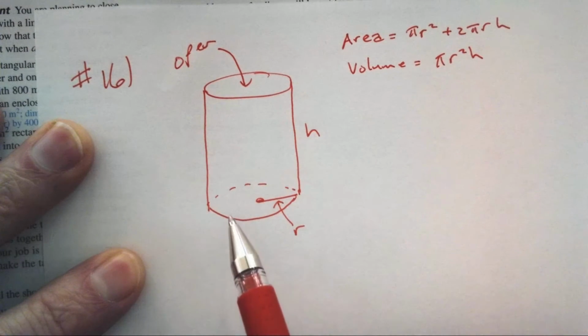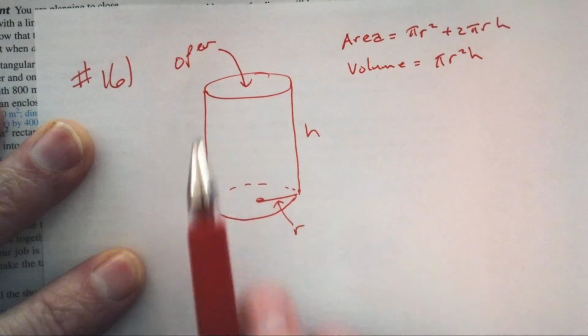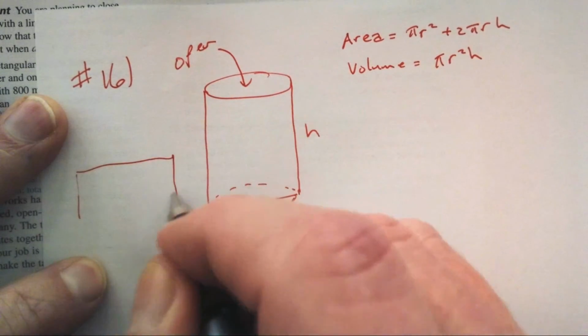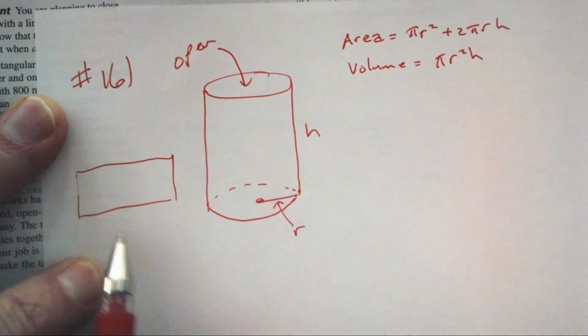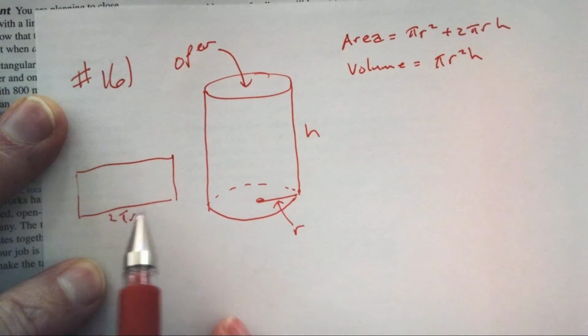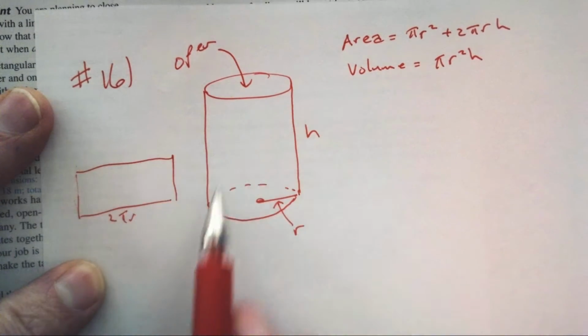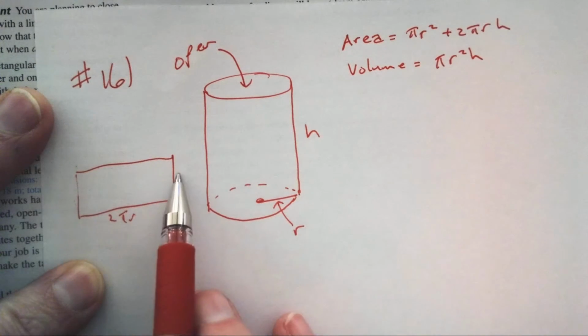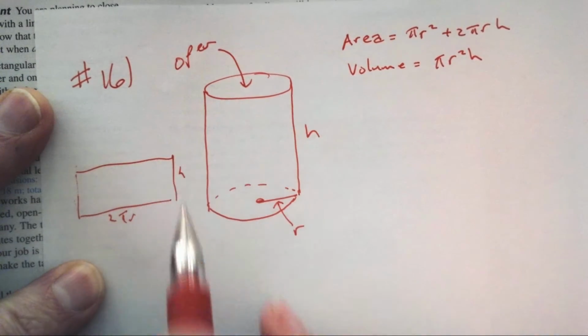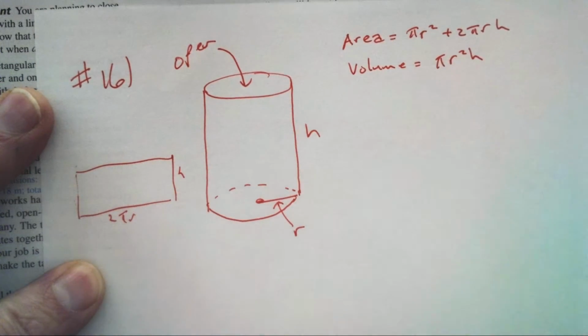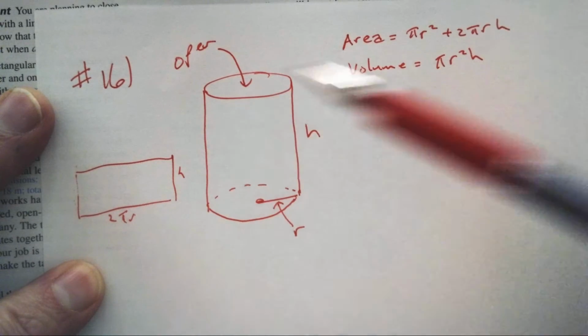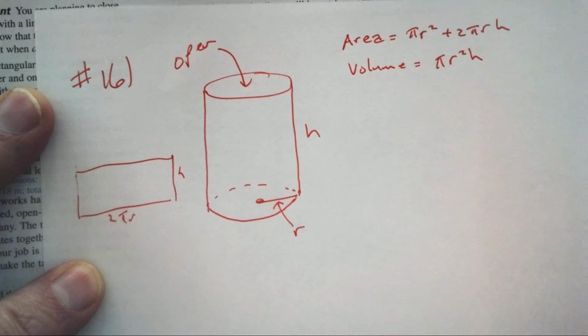Just imagine if we took this and sliced it up a side and rolled it out, it would just be a big rectangle. Where this would be 2 pi r, if I sliced this straight down the can, rolled it out, it would be a rectangle, and this would be h. So 2 pi r h represents the area of the side of the can. There is no top, so just one circle.